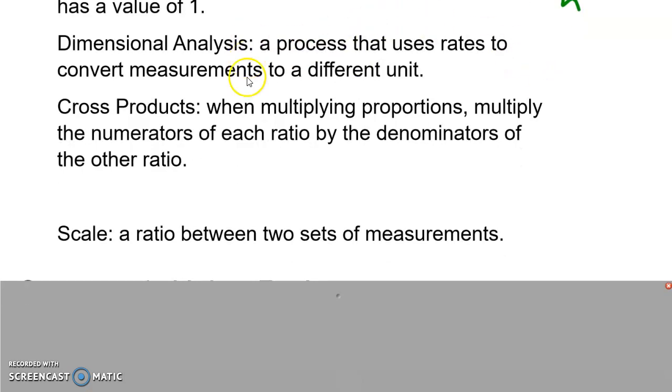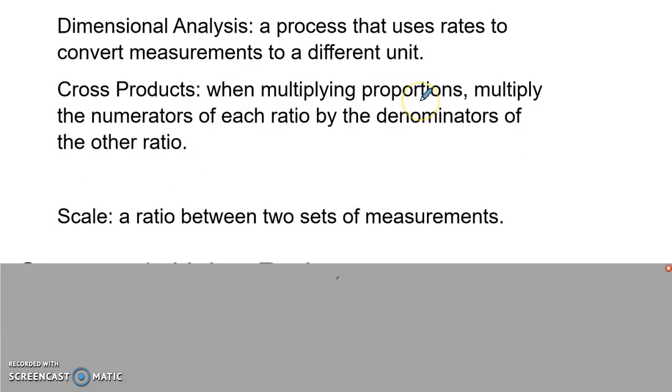Okay. When you're using proportions, we use what's called cross products. And if we go back up to our 2 quarters for every 5 dimes, and I have 30 quarters for how many dimes? To do a cross product, you're going to take the numerator of each and multiply it by the denominator of the opposite ratio.